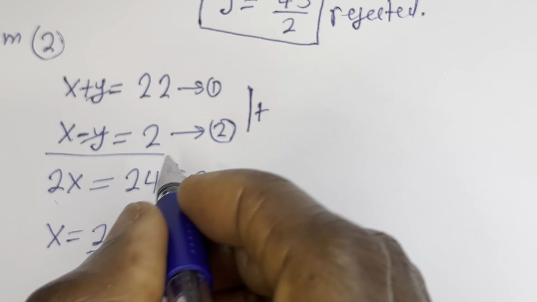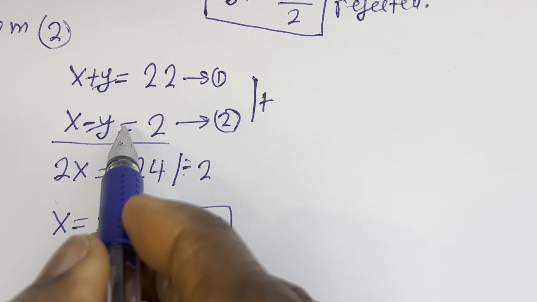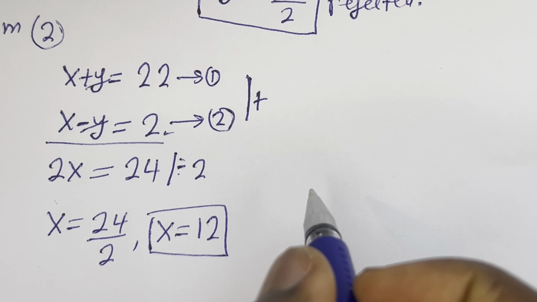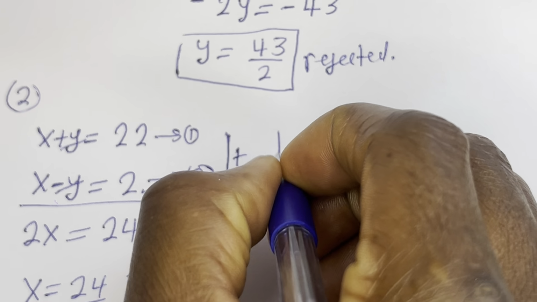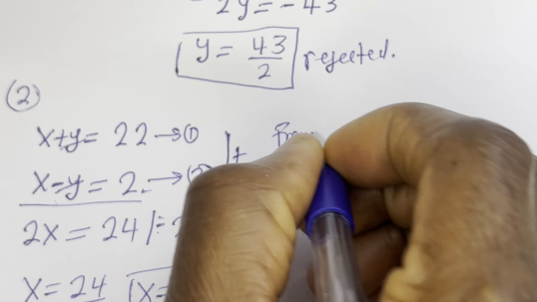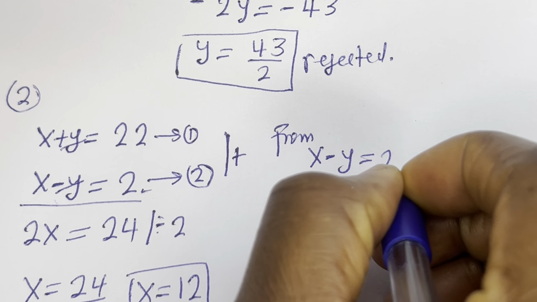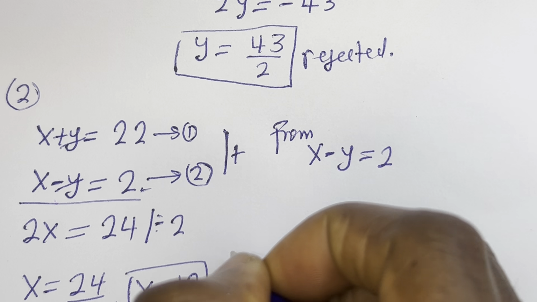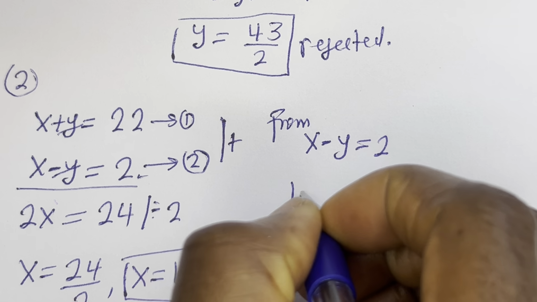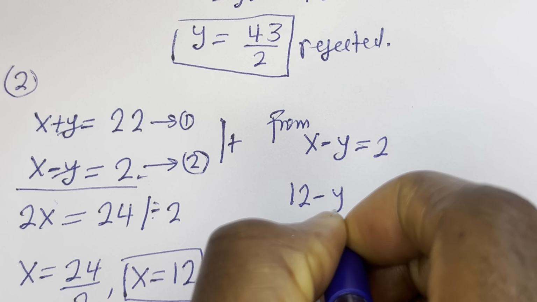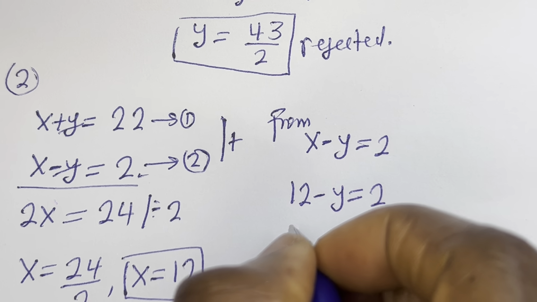Let's solve for y using either equation 1 or equation 2, but I'm going to make use of equation 2. Then from x minus y is equal to 2. Then x is 12. We have 12 minus y is equal to 2.